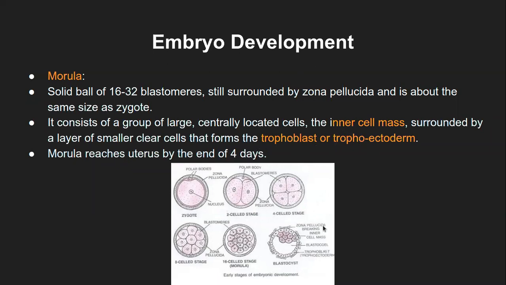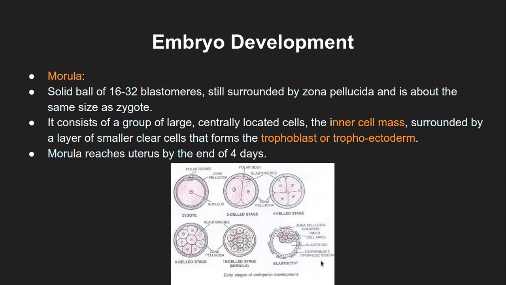In the diagram, this broken part that you see outside is your zona pellucida breaking. Then the inner cell mass, this is actually your morula part, individually called blastomeres. Then blastocele is the empty cavity within these layers, and the trophoblast is the outermost lining of cells, also called trophoectoderm.